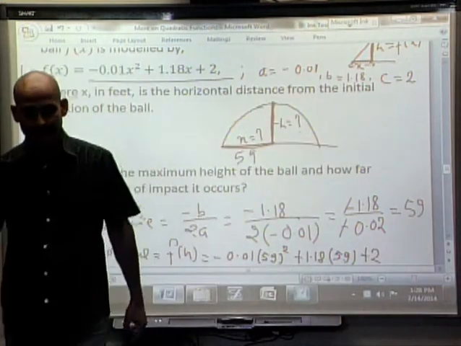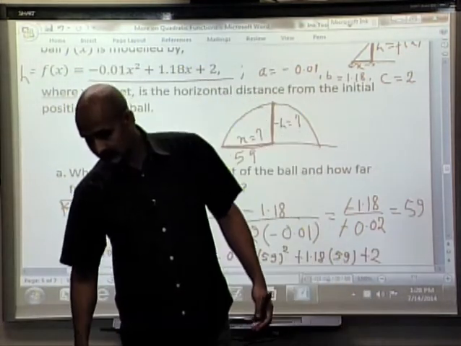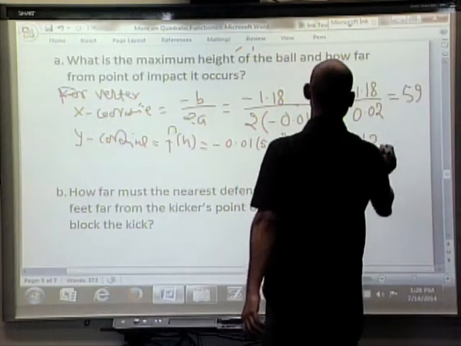This is the maximum height of the ball. If we do this calculation, we will get 36.81.